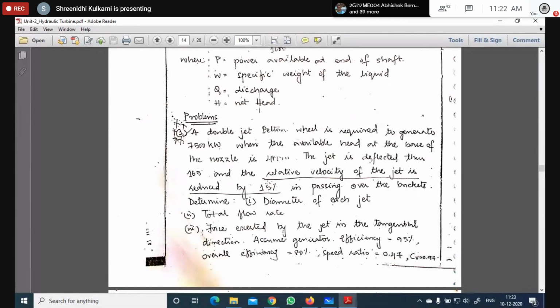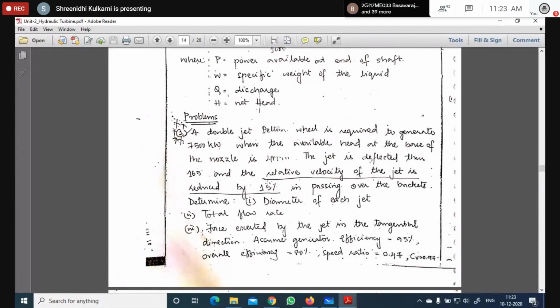There we can see the Pelton wheels. There are 10 turbines in total, and in each turbine the number of jets is 10.